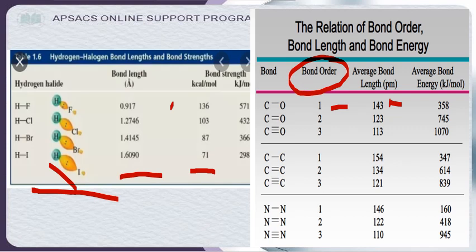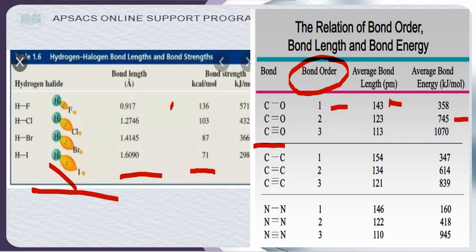But if we consider the C double bond O, two bonds are present. Now the bond length is reduced due to two bonds in it, one sigma and one pi. The energy requirement increased. Bond formation or bond breakage will require 745 kilojoules per mole of energy. And the same here. You can see when a carbon to oxygen triple bond is formed, three bonds are there.